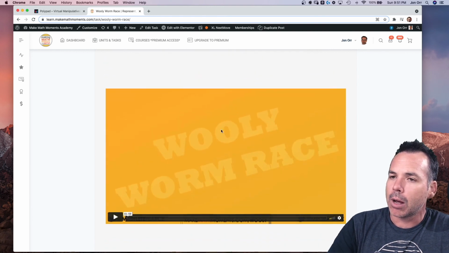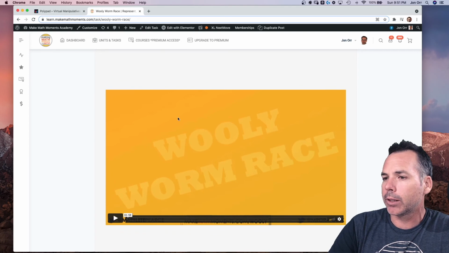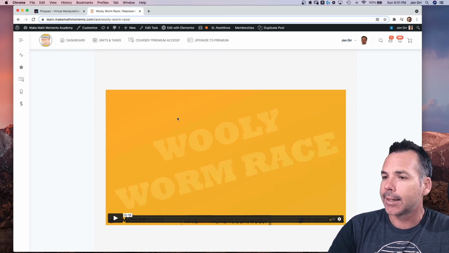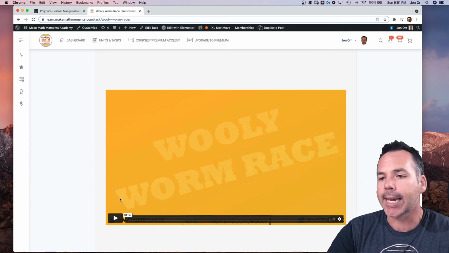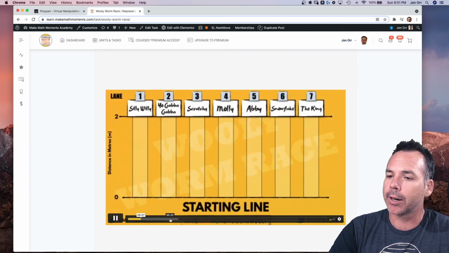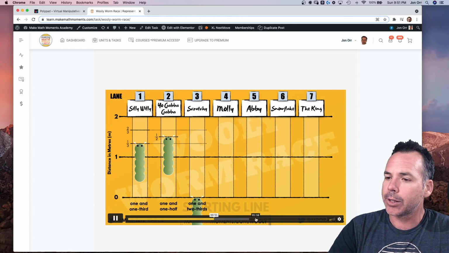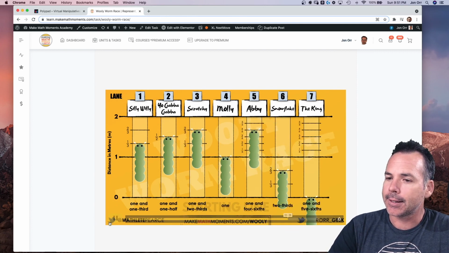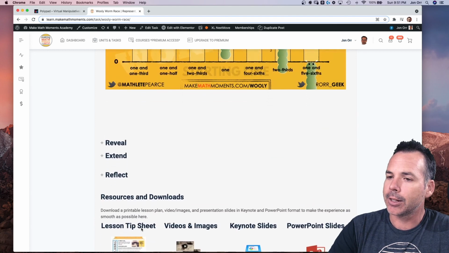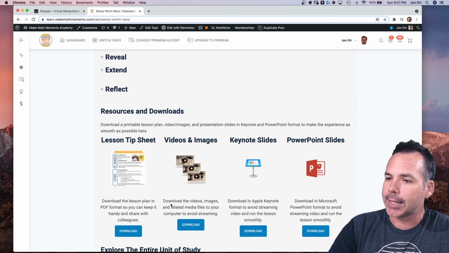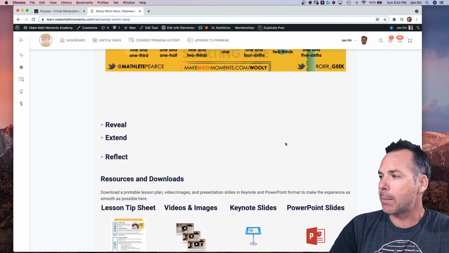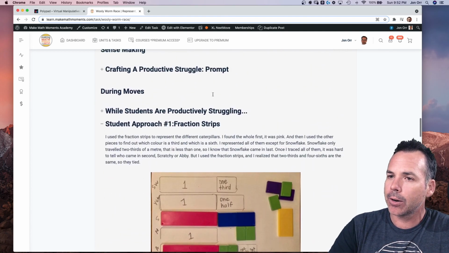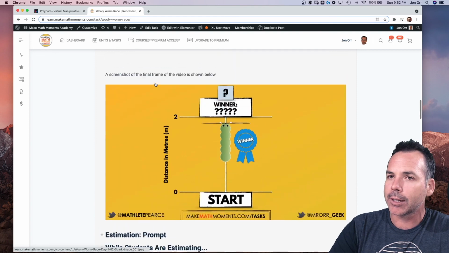So when you do a task like this, the teacher guide will not only give you the resources to run that task, but teaches you the math behind the task, which is really important here. So if I kind of skip through this task, you'll see some of the comparisons in this task in the consolidation stage, and you get to download these resources as members of the Academy. So that's what's happening here over on makemathmoments.com/tasks.